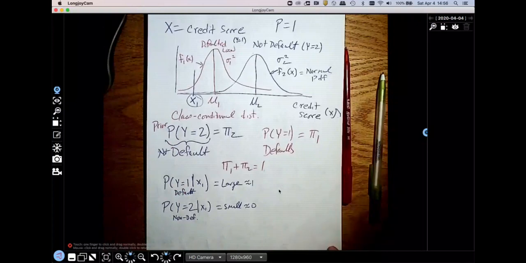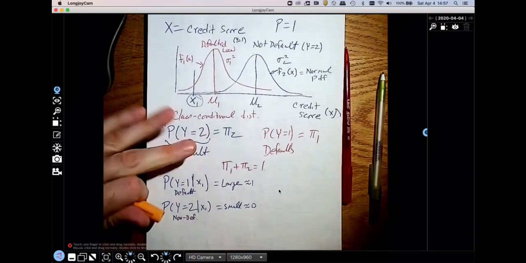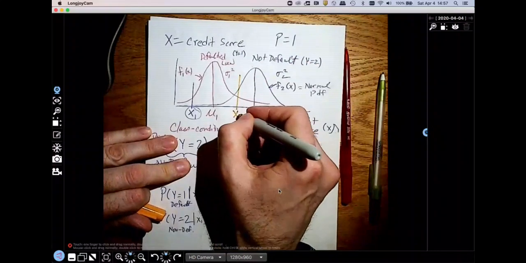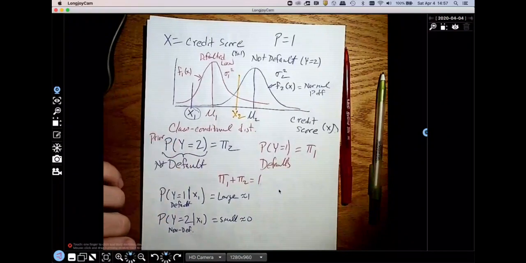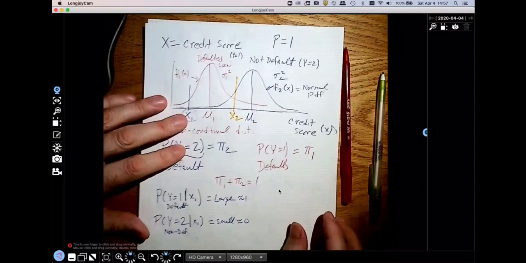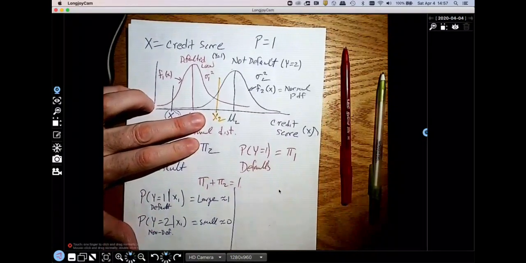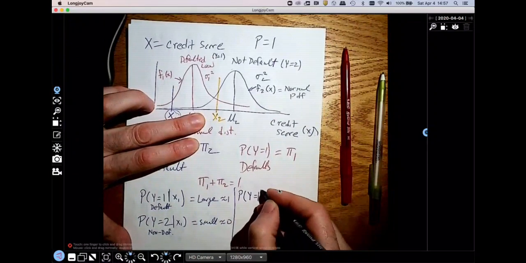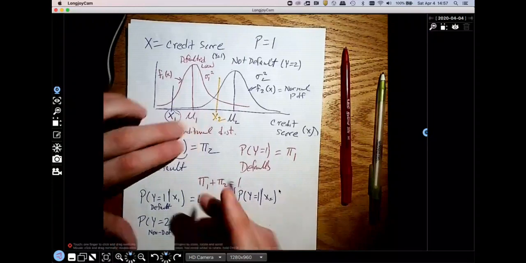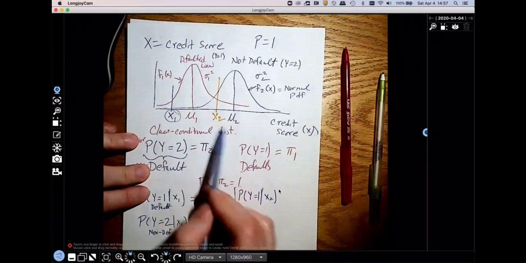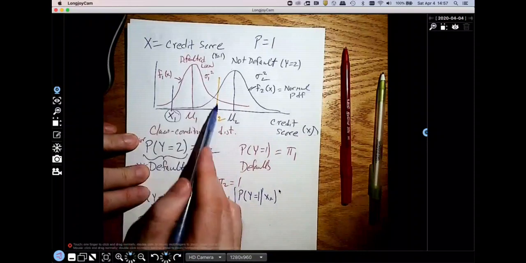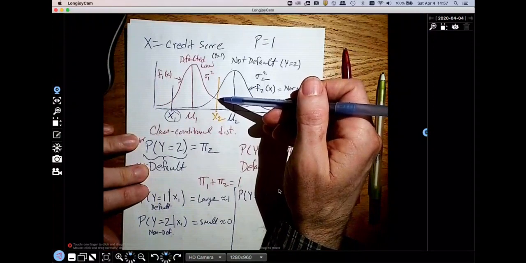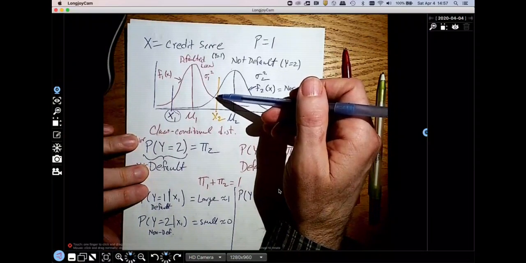Well, I'm going to go take a Sharpie now, and let's take a point, say here. So this is going to be x2. That doesn't show up great, but let's just consider x2. So what is the probability that y is equal to 1 given the value of x2? So if I come in and this is my credit score, what's the probability that I'm going to default on the loan? And so the answer is probably fairly high, but not as high as the blue distribution.